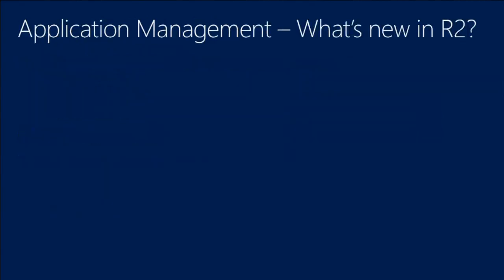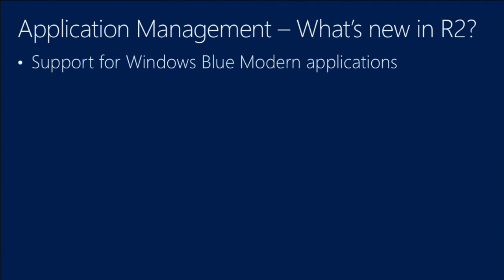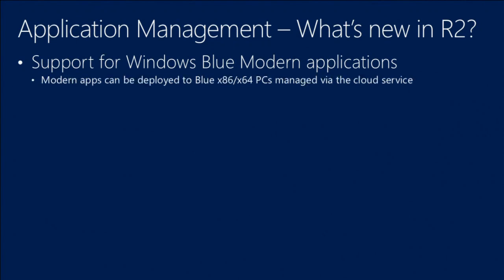The R2 functionality. R2 at a macro level is supporting more capabilities in terms of mobile device management. Tied to that is supporting new platforms such as the Windows 8.1 release, which obviously came out this week. So supporting those applications. The other thing that we did too is add the support for web applications.